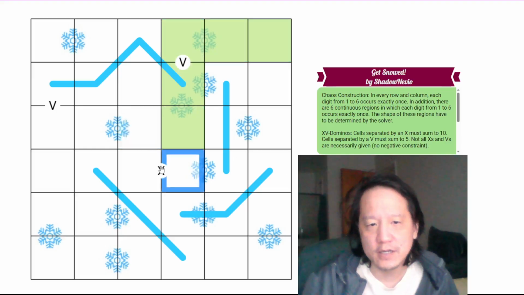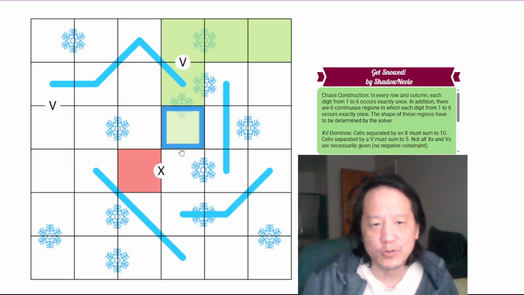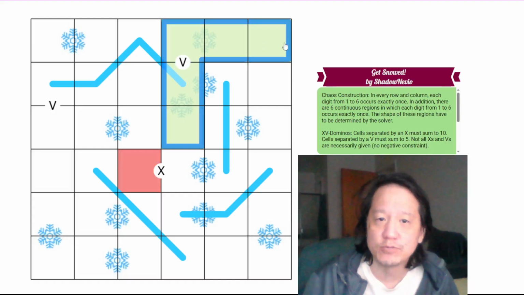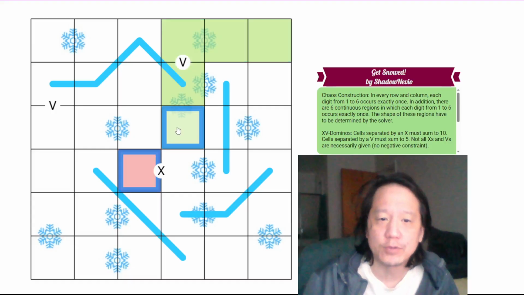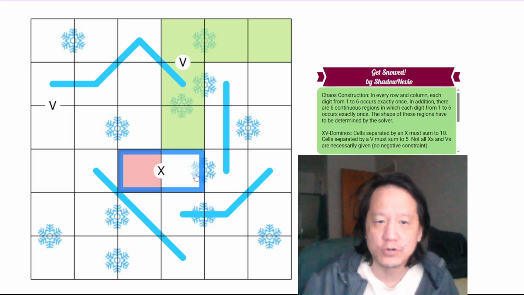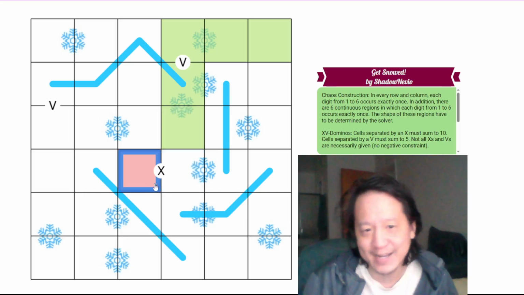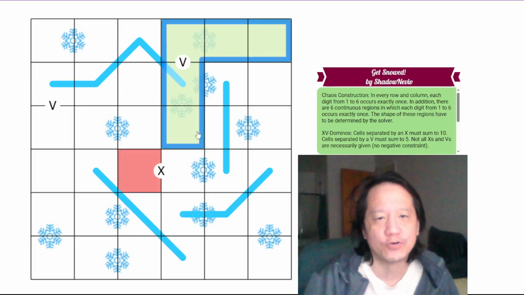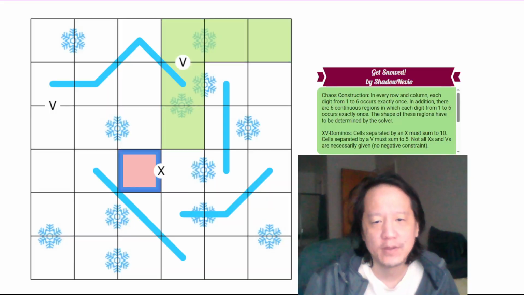This here would not be a valid region because to get from this cell to any other cell in the region, you have to either go through a corner, which is not allowed, or go through an edge outside the region. You'd have to exit the region before you can get to that other cell.